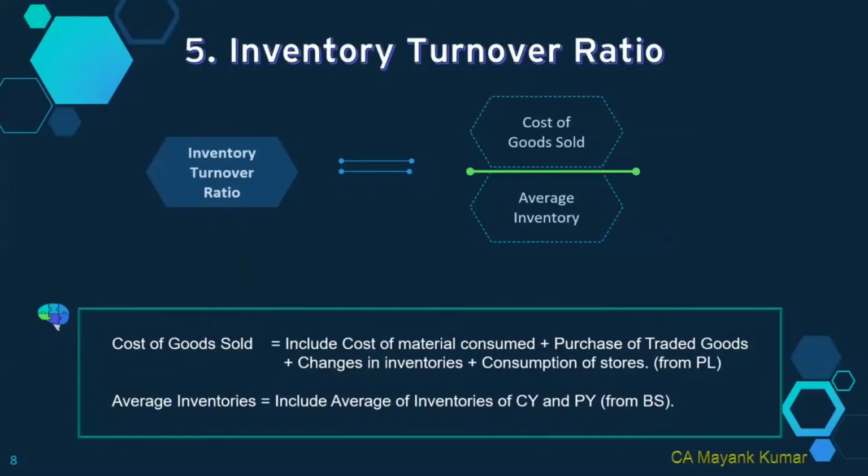So cost of goods sold means all the direct expenses incurred in generating the revenue, that is cost of material consumed, purchase of traded goods plus changes in inventory plus consumption of stores from the profit and loss account. And average inventory include average of inventories of current year and previous year, which will be extracted from the balance sheet.